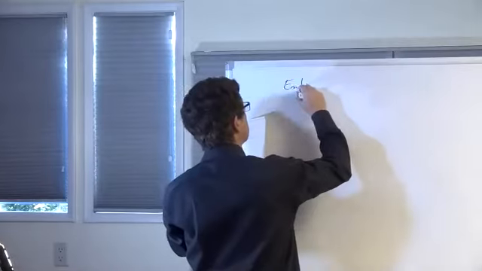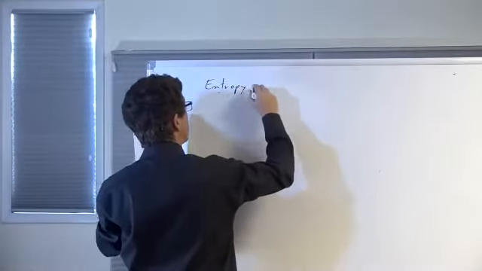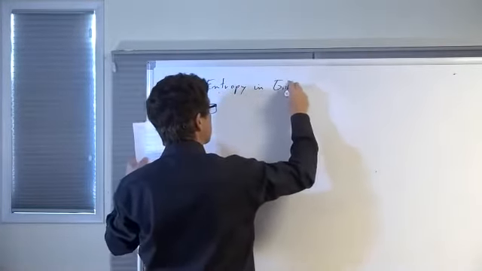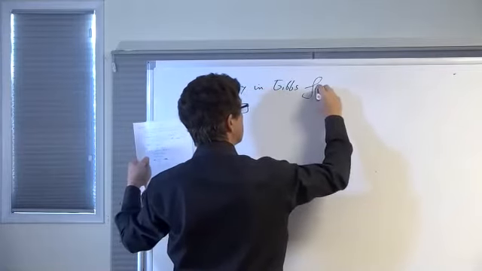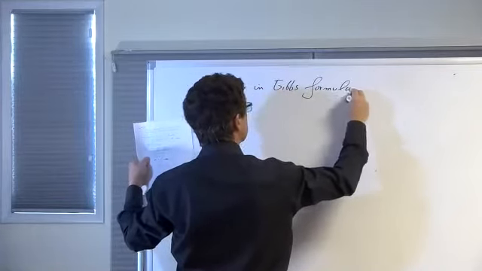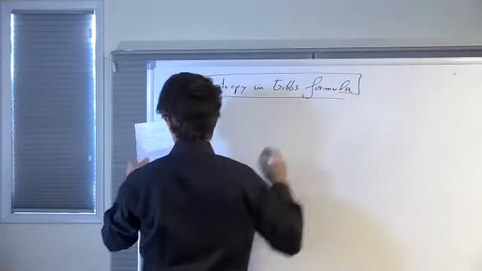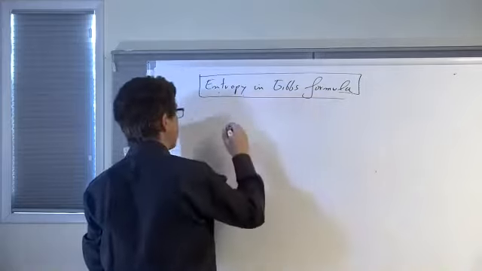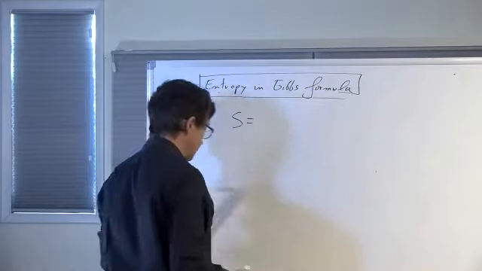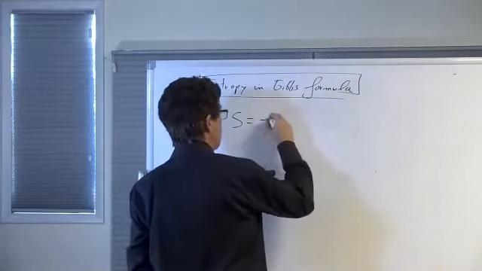The Gibbs formula for entropy states that the entropy is minus the Boltzmann constant.